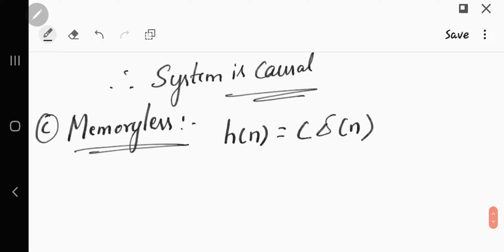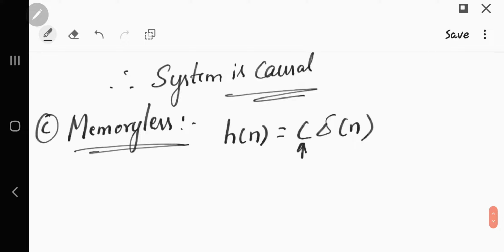If the impulse response is of this form, then only the system is said to be memoryless. And here C is nothing but a constant value or an arbitrary function. Not necessarily an integer, it will be a constant value.